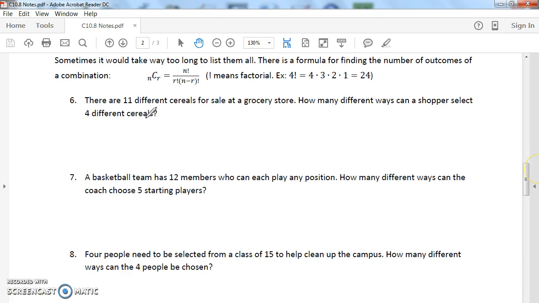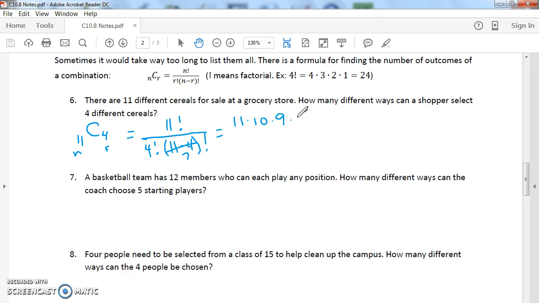Okay, example 6. We have 11 different cereals for sale, and we want to select 4. So N is 11, and R is 4, which gives us our formula, 11 factorial over 4 factorial times 11 minus 4 factorial. 11 minus 4 is 7, which means we could make this even shorter, and we don't have to write 7, 6, 5, 4, 3, 2 on the top or the bottom because we know those are just immediately going to cancel.